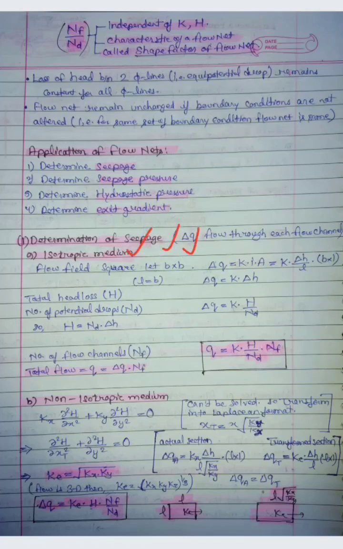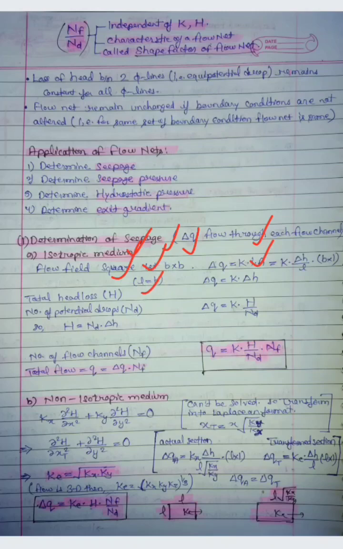So delta Q is equal to K i A from Darcy's law. K into, in place of i, we write delta H upon L, into B into 1, because L is equal to B. Then delta Q will be equal to K into delta H. Total head loss is denoted by capital H. Number of potential drops is ND.